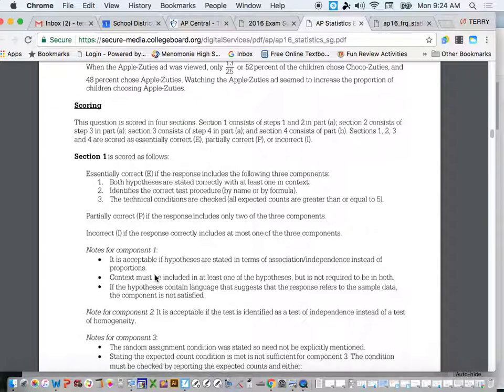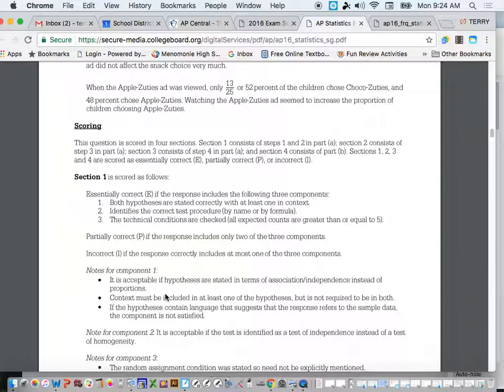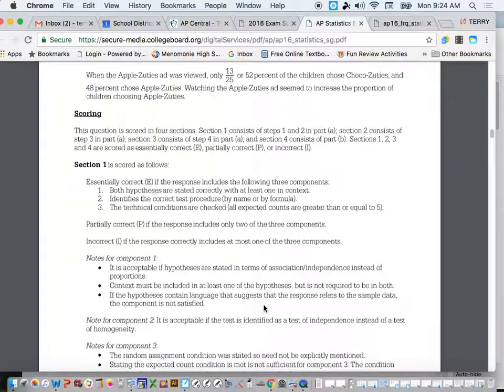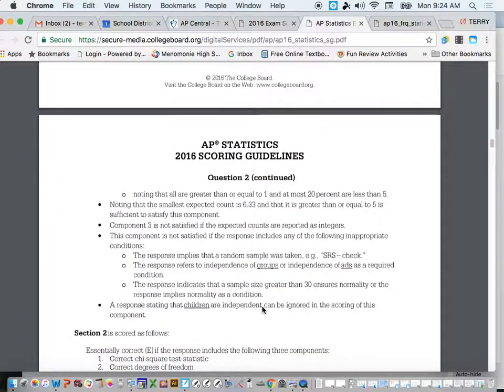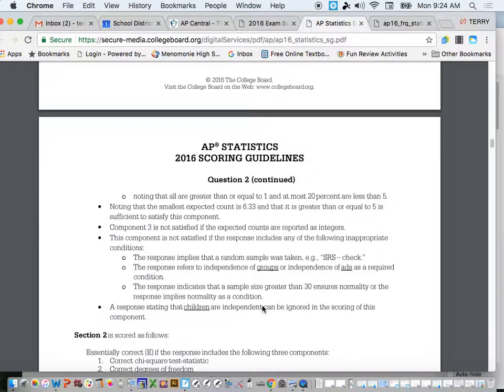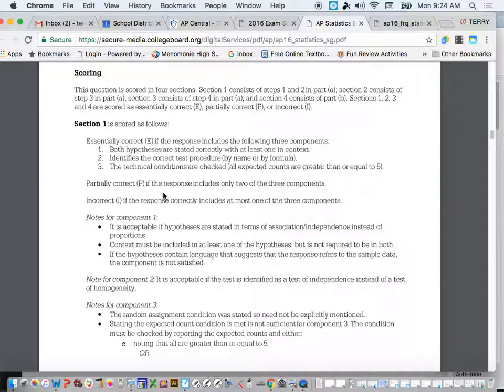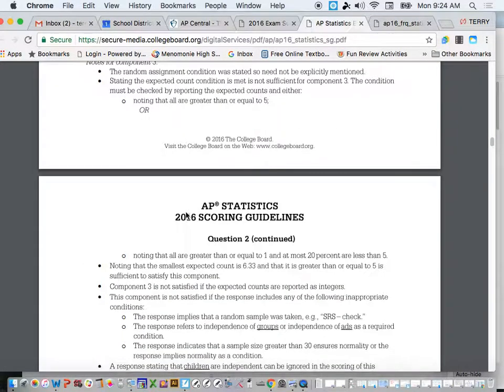So if you did a test for independence, you still could get full credit here. If you had all 3 of those components, you got an E. If you had 2 of the 3, you got a P. If you only had 1 of those 3 components, you didn't get anything.